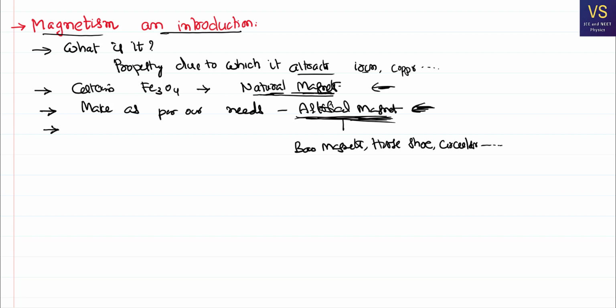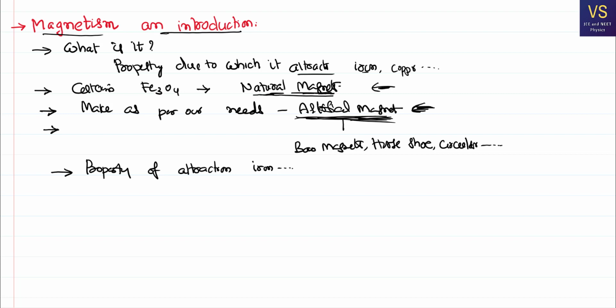The most important thing that we want to handle further is that a magnet has a property of attracting certain materials like iron, and there are other metals. Different kinds of magnets have different abilities to attract, depending on the strength of that magnet.